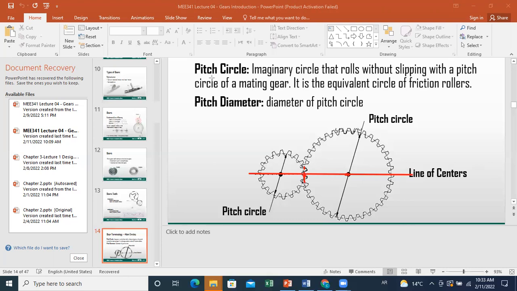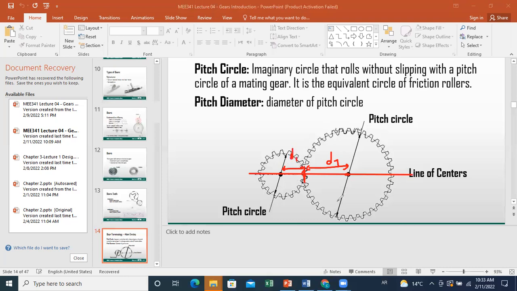This contact point, which lies on the line of centers, will always be at the same distance from the centers. That is, if you measure at any contact point the distance between it and the first center, D1, and the distance between the contact point and the other center, these distances will not change with time.